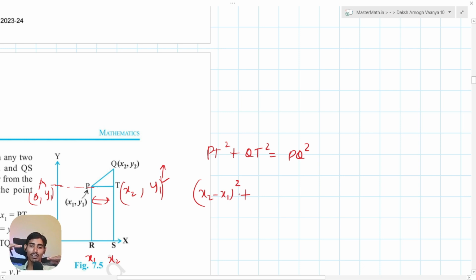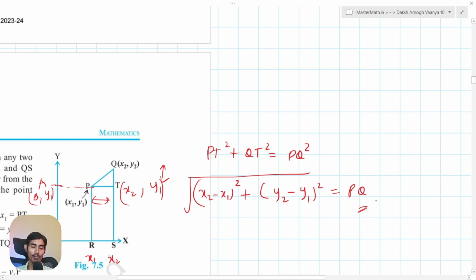If it is just horizontal travel, we're talking about P to T, so no vertical travel is there. So just focus on the difference of x coordinates, 6 minus 4 like that. And QT would be the difference of the y coordinates. Q had y2, the vertical value, and T had the vertical value of y1. So the square root of this is the PQ distance.